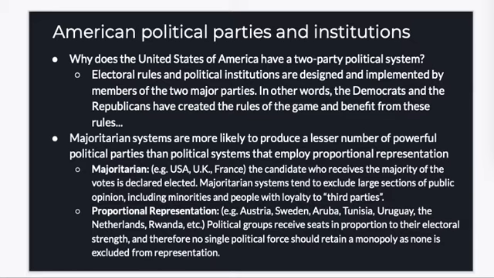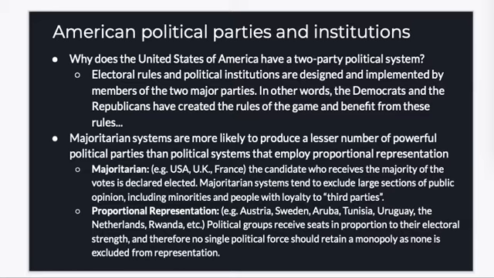Over time, political scientists have found that majoritarian systems are more likely to produce a smaller number of powerful political parties than political systems that use proportional representation. Majoritarian systems and systems of proportional representation are just different ways of designing a democratic country and structuring or setting up a government.